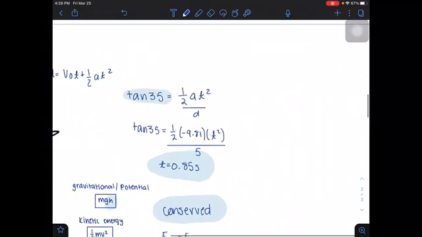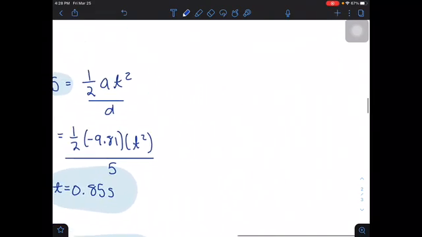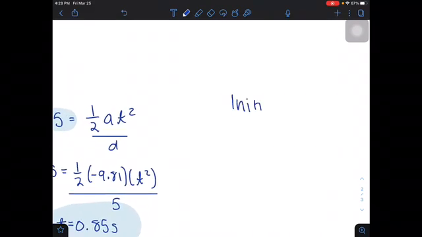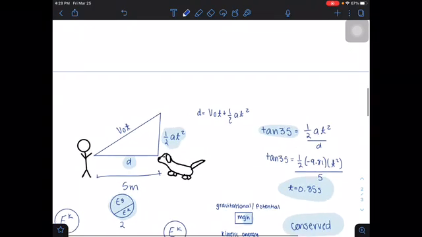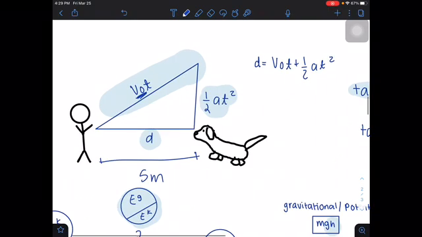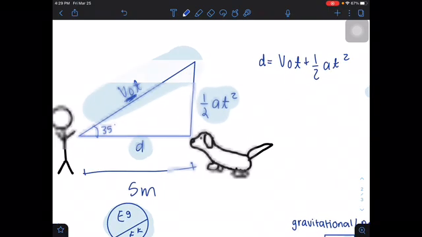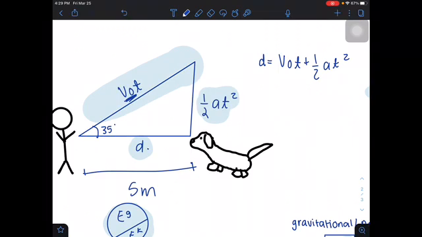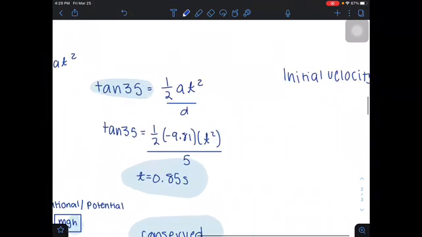Now the next step is going to be to solve for our initial velocity. And if we go back to our triangle drawing, we can see that this vector is the one that has v naught. And now we can use cosine, because that's 35, I forgot to write that in, because we know this variable and we know this variable, so all we have to solve for is the v naught.